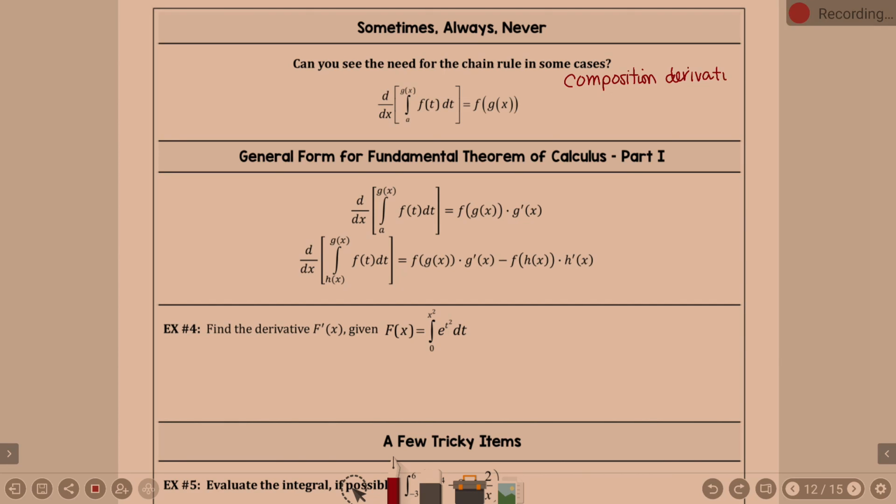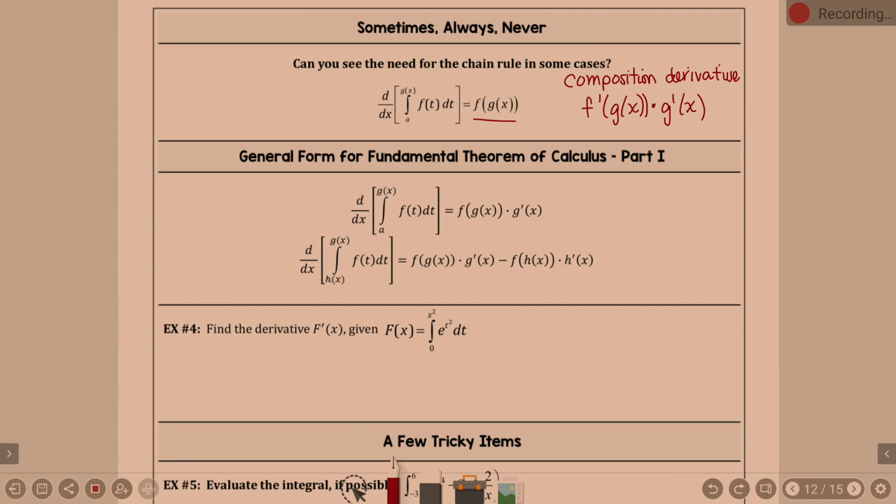In order to do the derivative of f of g of x, you're doing f prime of g of x times g prime of x, the derivative of the inside. Okay, so that's your chain rule that we're talking about when we talk about a composition derivative.